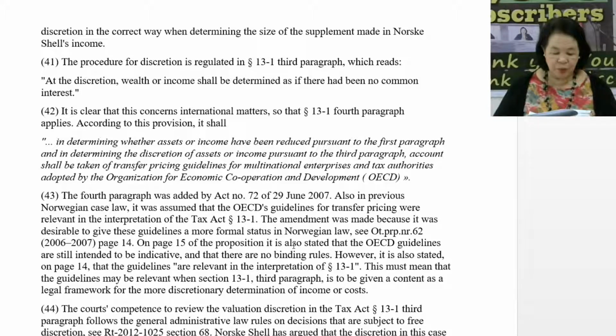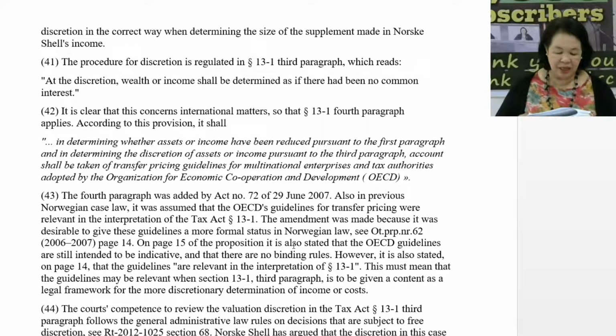Okay. On page 15 of the proposition, it is also stated that the OECD guidelines are still intended to be indicative and that there are no binding rules. However, it is also stated on page 14 that the guidelines are relevant in the interpretation of Section 13-1.